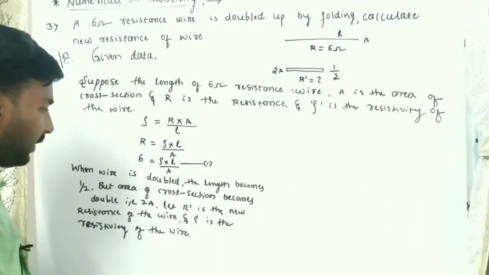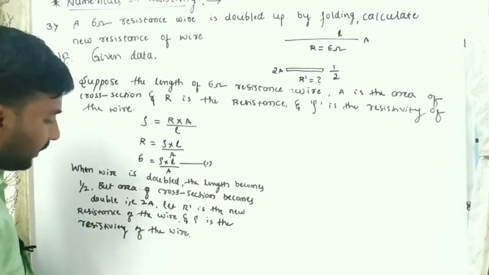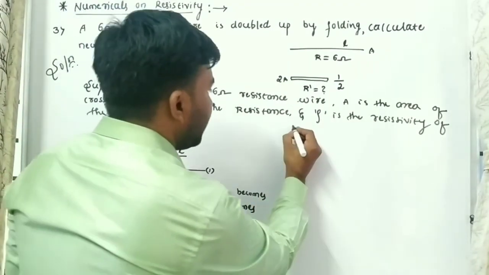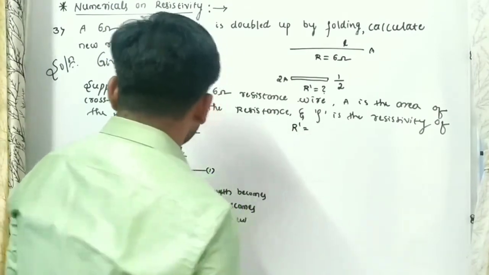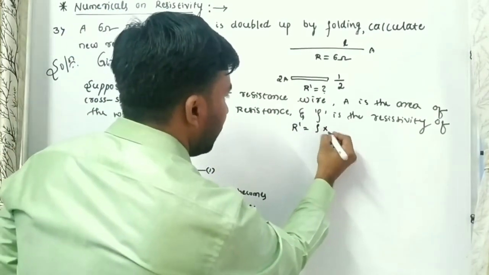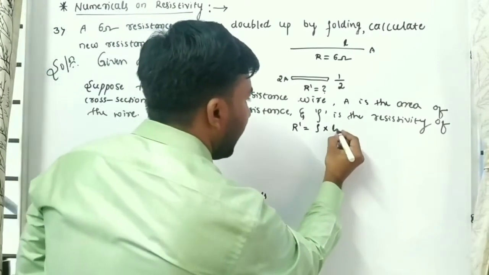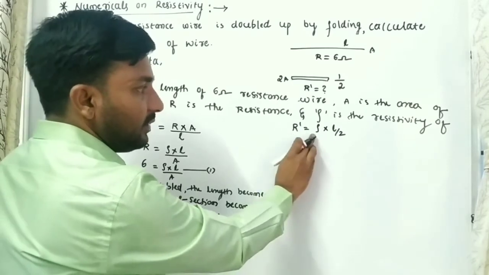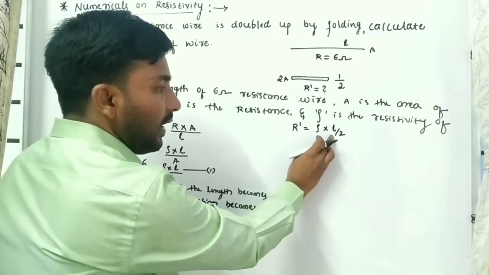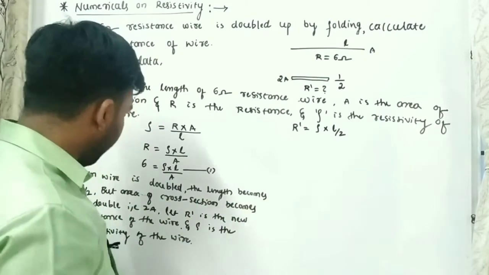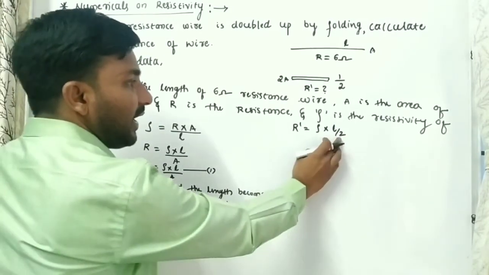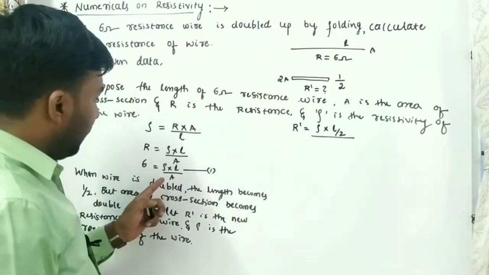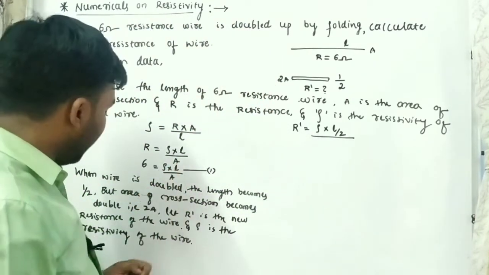Okay, so here I can write from this data R dash is equal to rho into L by 2. Here R dash I have taken as it is, equal to rho as it is. L is how much? It will become half. So L will become half, for that I will take L by 2 divided by the area. So area is how much here?